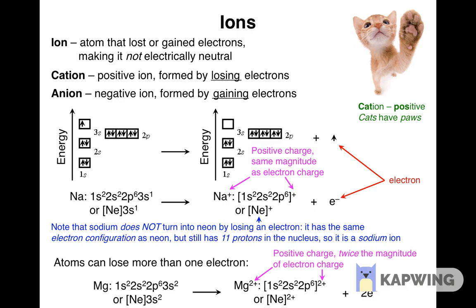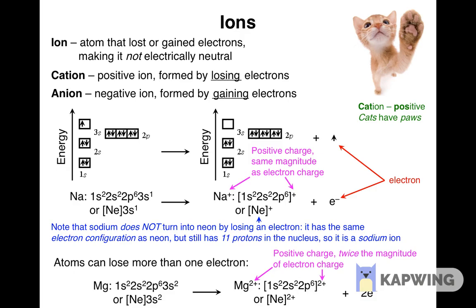This ion also only has 10 electrons, but it still has 12 protons in its nucleus, so it is a magnesium cation. As you can see, electron configurations for ions can be written in the same way that they are written for neutral atoms, but we enclose them in square brackets and indicate the charge of the ion in the superscript.